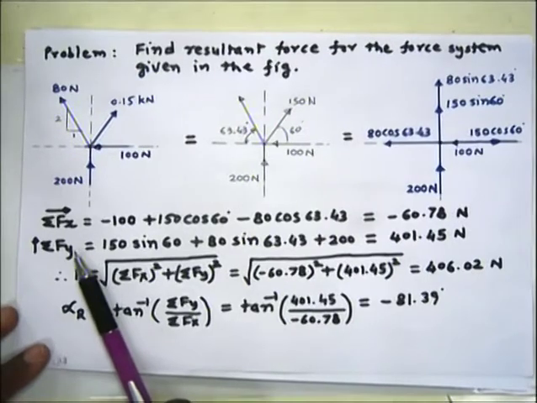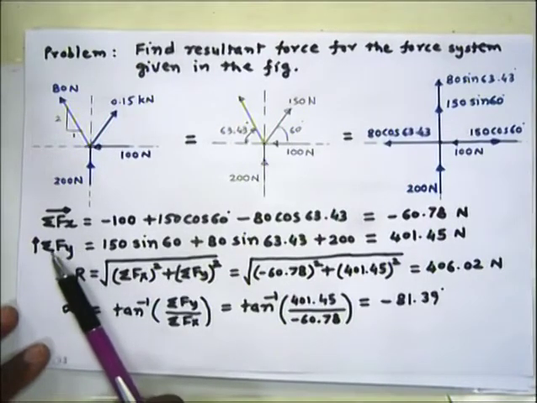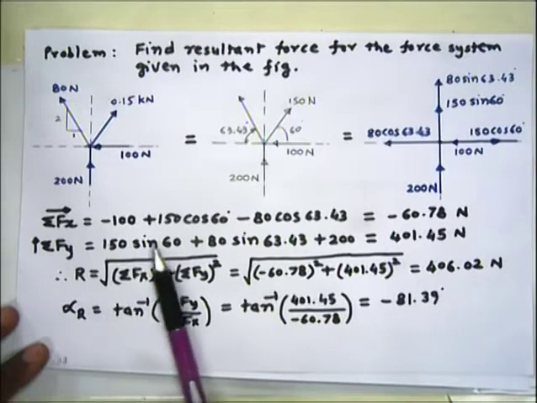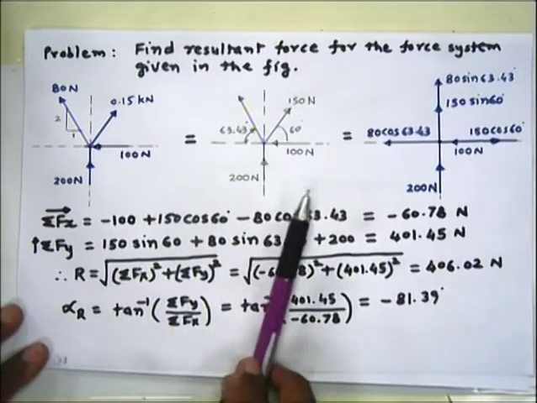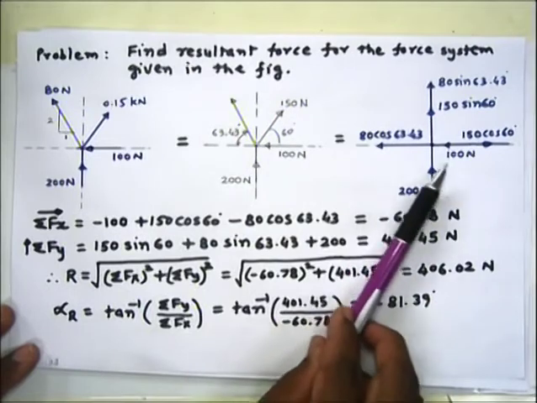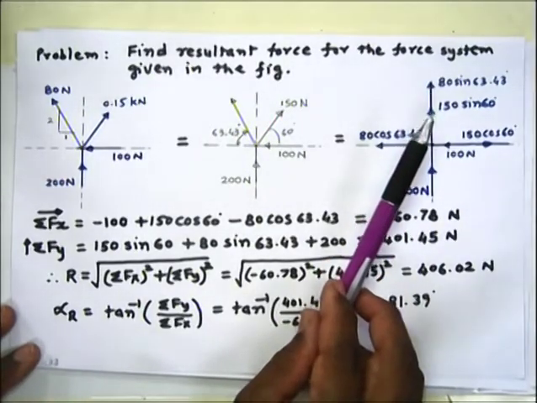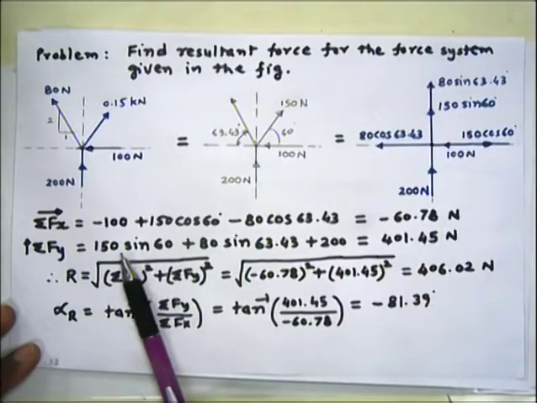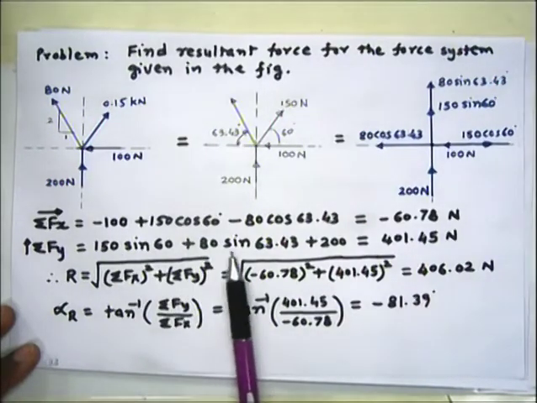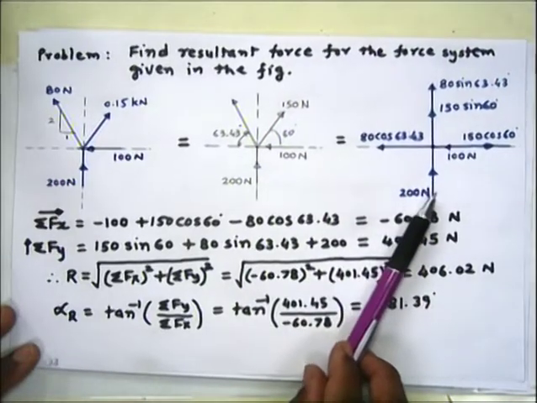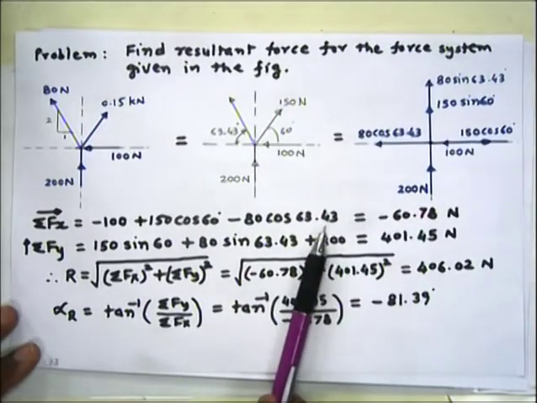Then sigma Fy, considering vertical upward sign as plus as usual. Along the y direction there are three forces. The first two are upward, so plus, which is 150 sin 60 plus 80 sin 63.43, and the 200 Newton force is also acting vertically upward, so it is also plus.